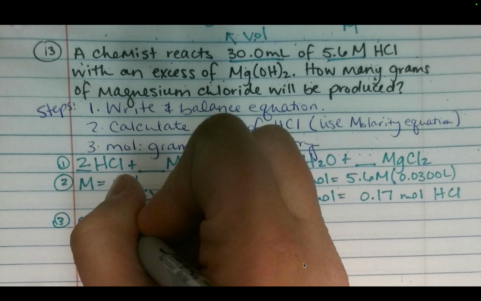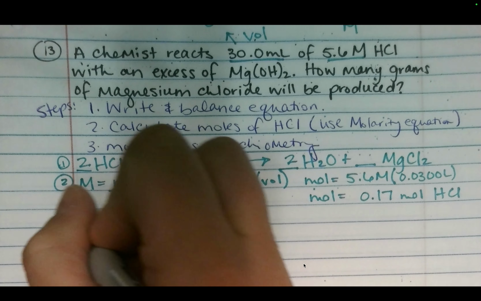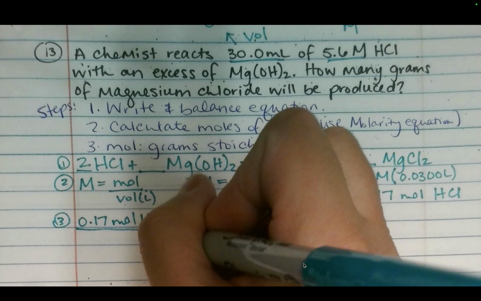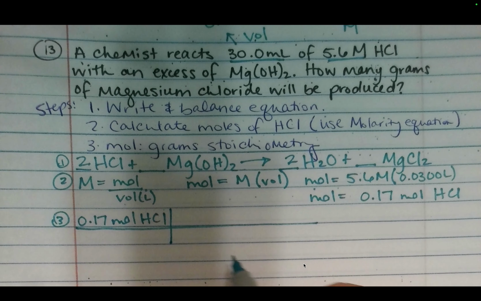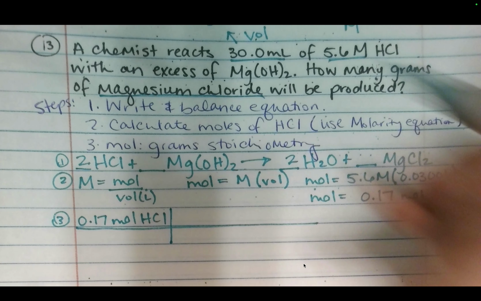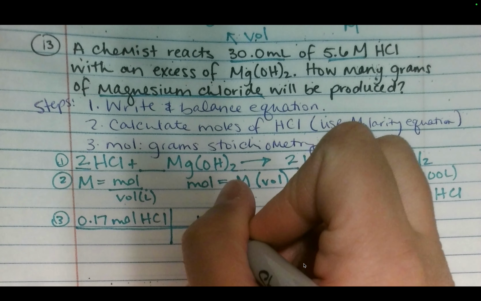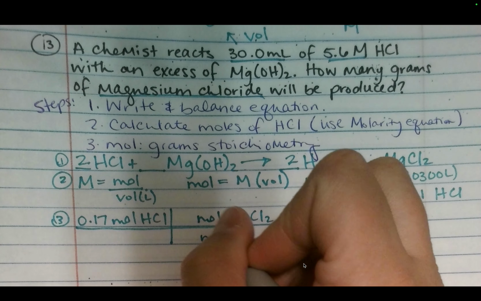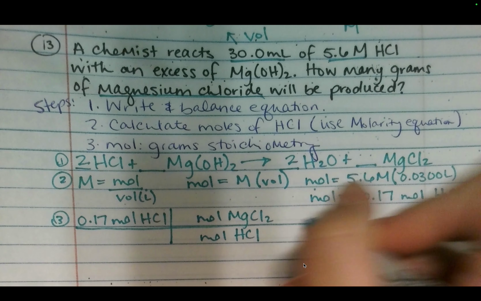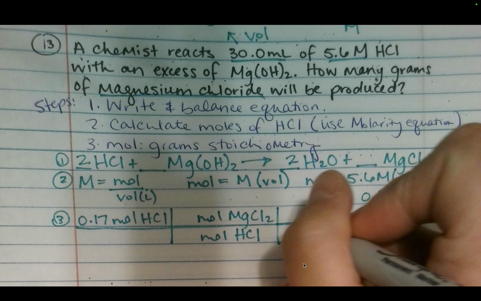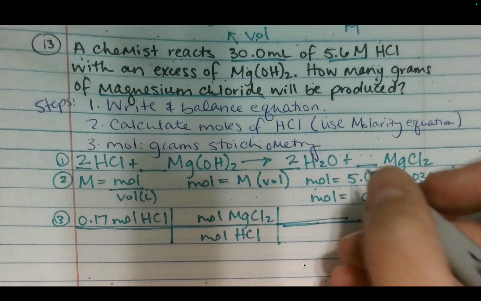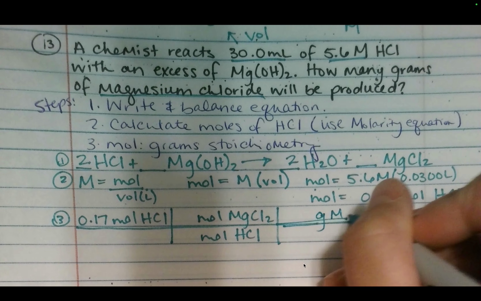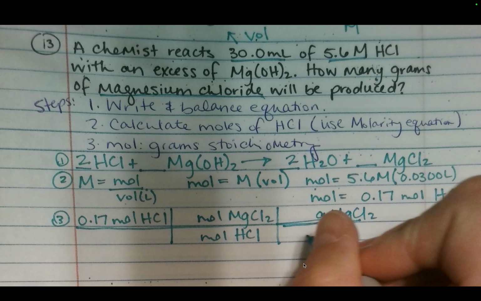0.17 moles of HCl. I have moles of hydrochloric acid. I want to know how much magnesium chloride I'll produce. So I'm going to go to moles of magnesium chloride first from moles of hydrochloric acid. And then once I know moles of magnesium chloride, I'll go to grams of magnesium chloride.